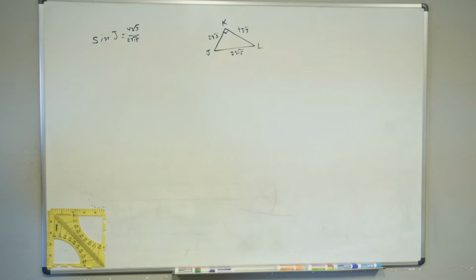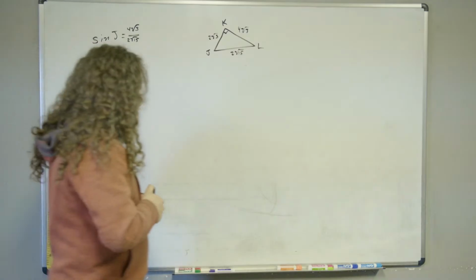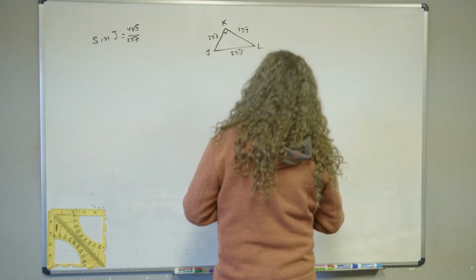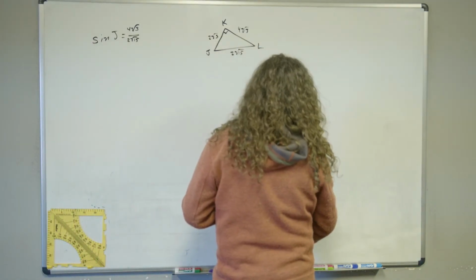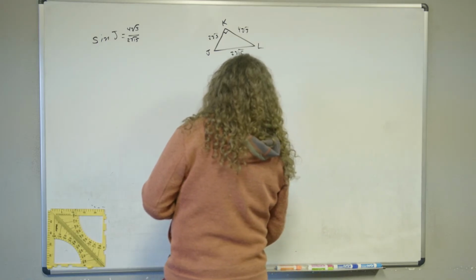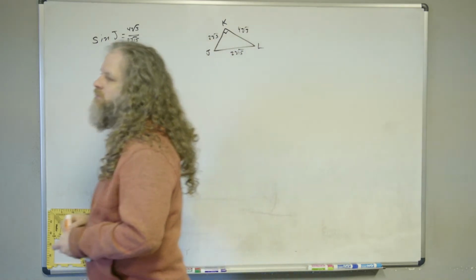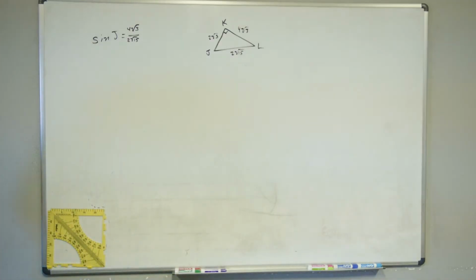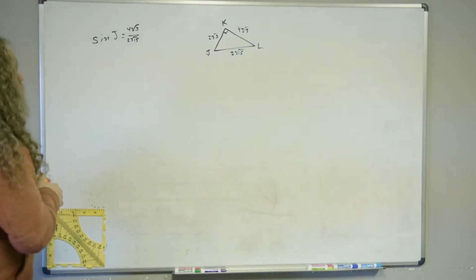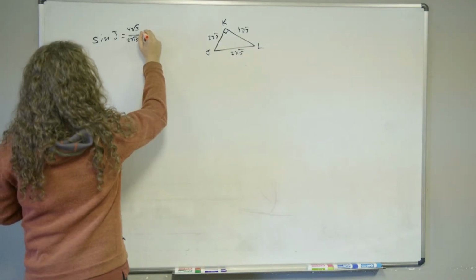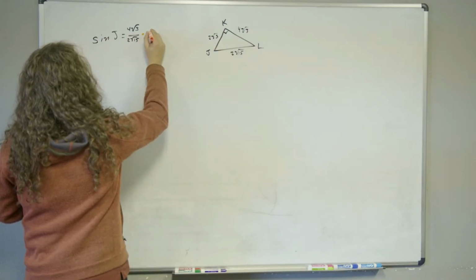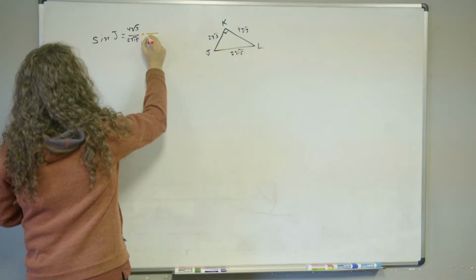So what can we do instead? Multiply by what? No, that one's already on the top. 2 isn't in a square root. We could multiply by square root of 15. We could also simplify the square root of 15 first, but not really, but kind of.